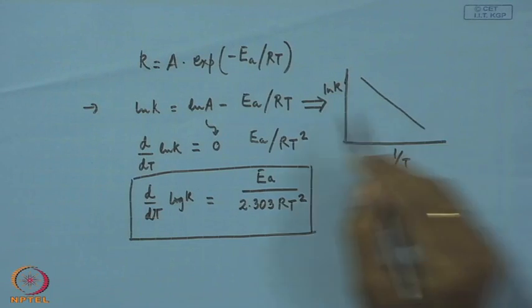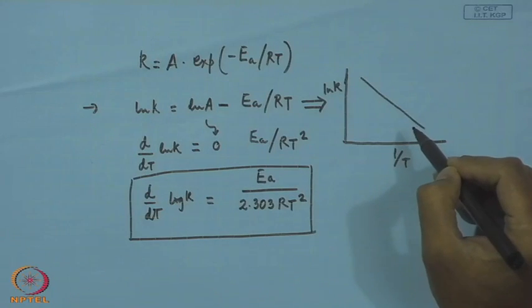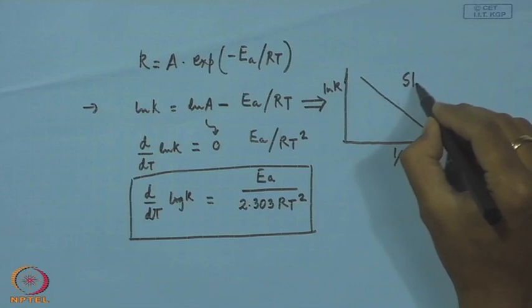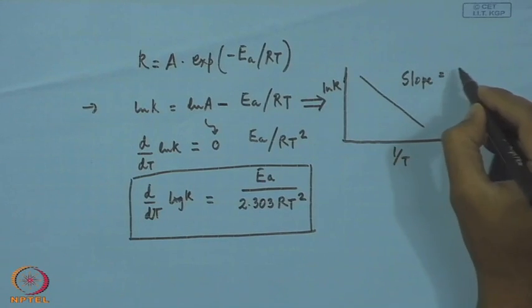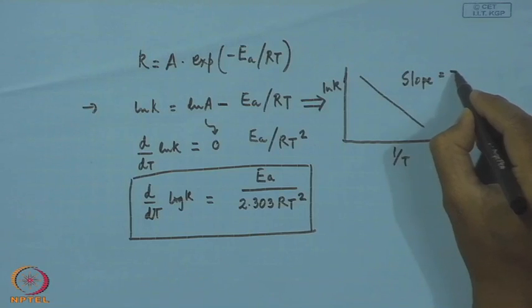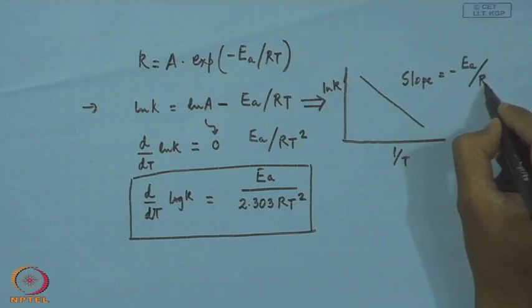Of course, since there is a negative sign, it is with a negative slope, and the slope will be equal to minus E a by R.